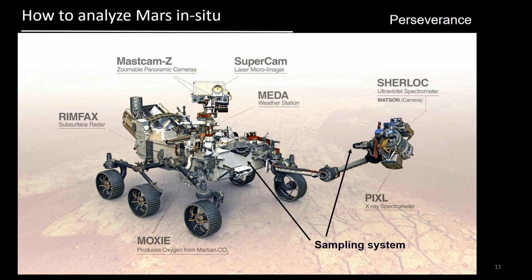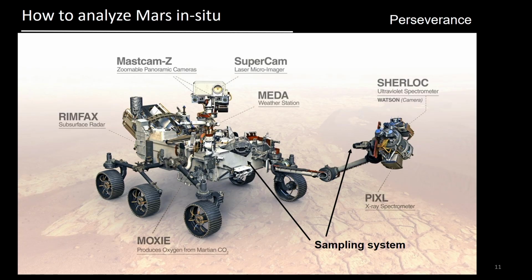And actually, our instrument SuperCam is now able to do the three in a row, because in addition to the LIPS, which is chemistry, and to the imager, there is also mineralogy enabled by reflectance spectroscopy and Raman spectroscopy.